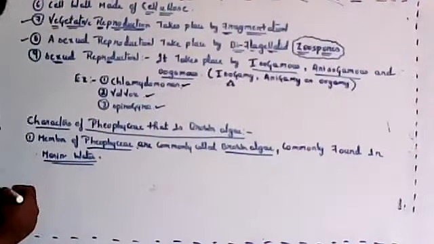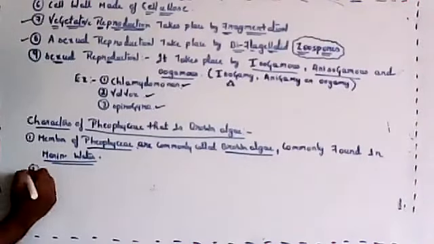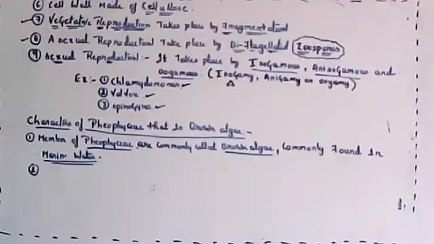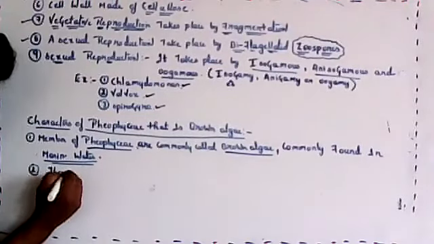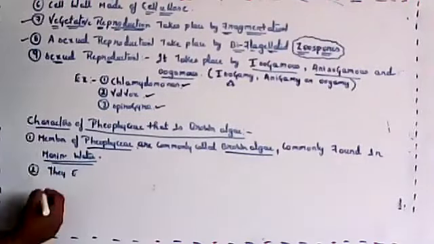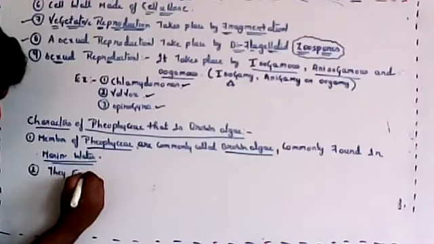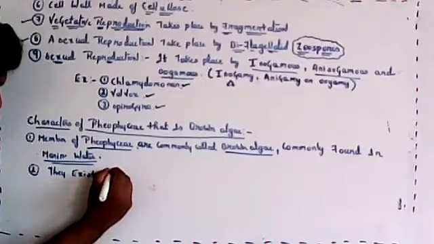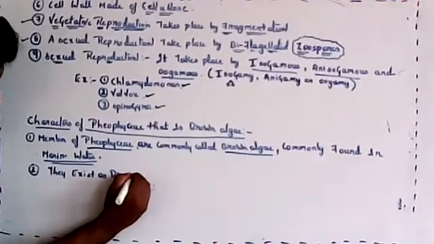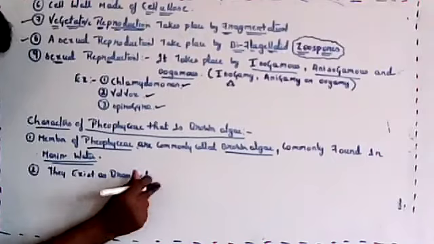So next point, let's see the height of the plant. First we'll write about the structure of the plant. They exist as branched. Branched means they have branches.